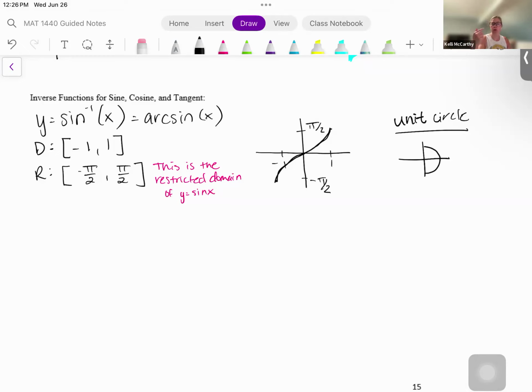Y equals inverse cosine of x. Again, we can use the notation of that -1 exponent or arccosine. The domain for our inverse cosine function is -1 to 1, and the range is going to be 0 to pi.